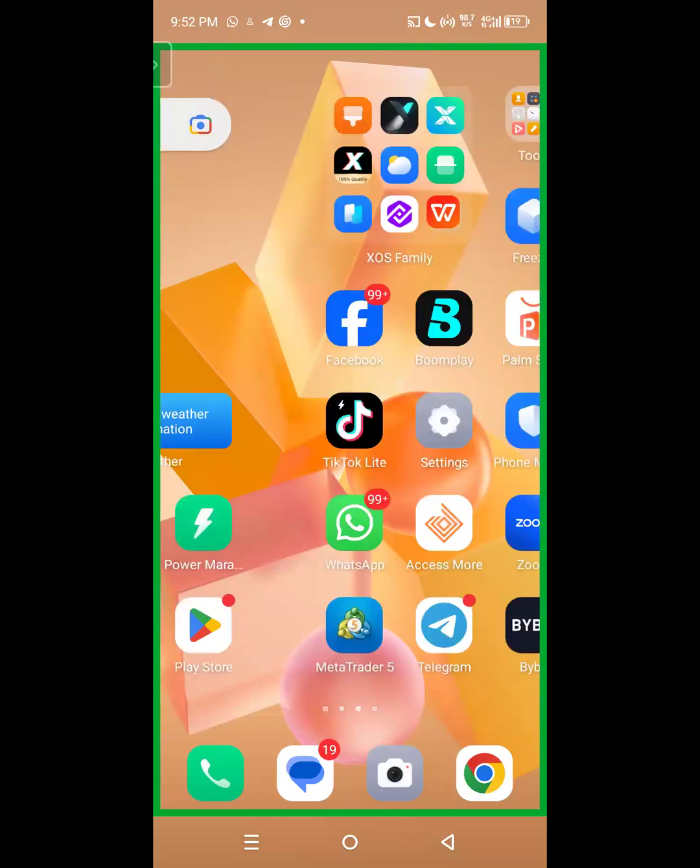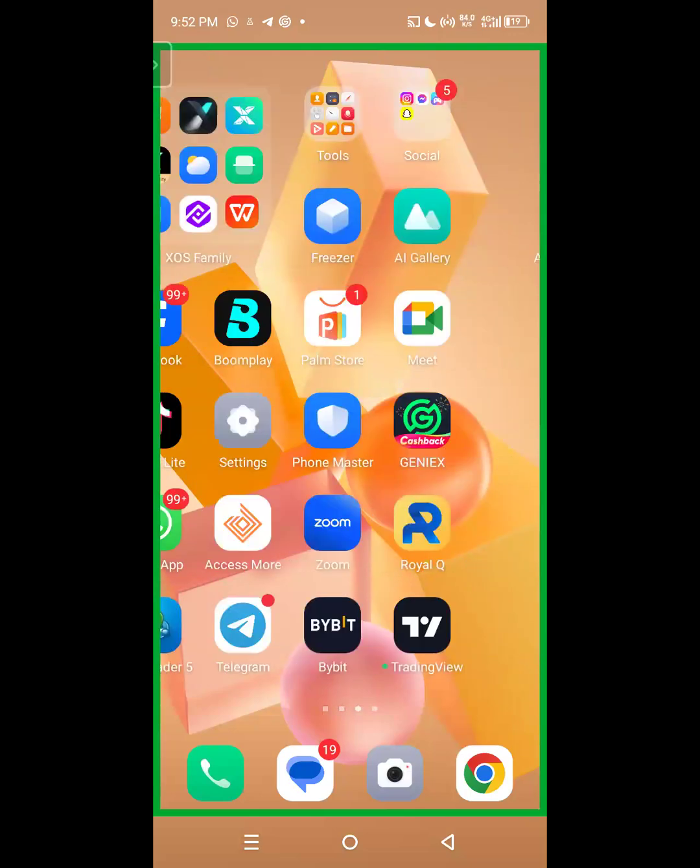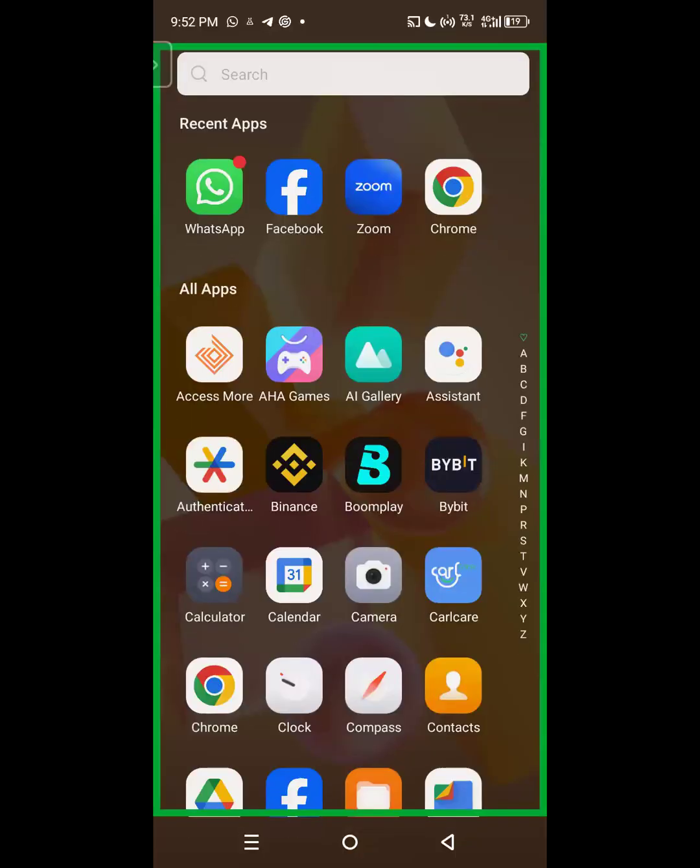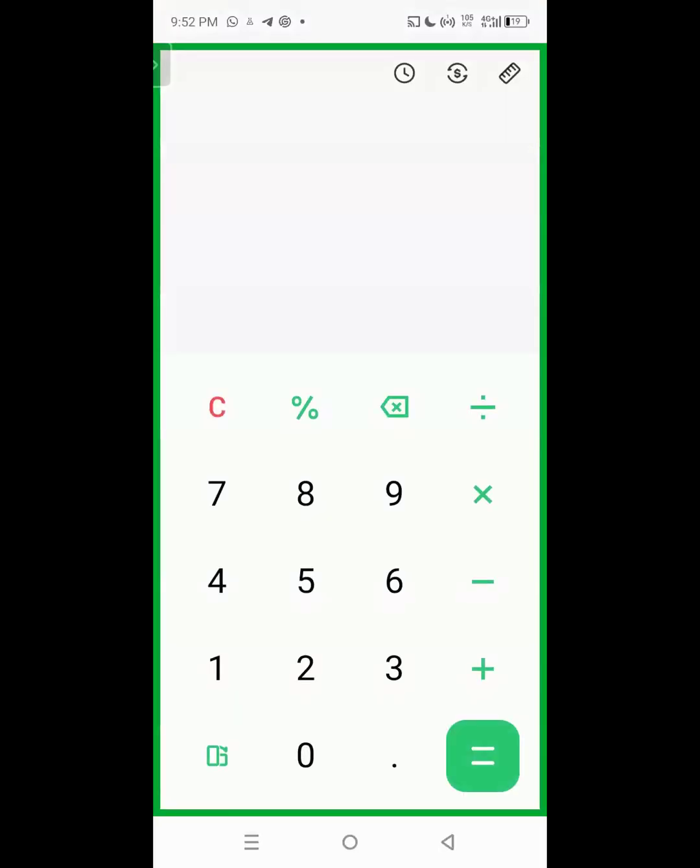So if you do 5% now, you would have 0.05 times 5,000. That's $250. If you convert it to naira, that's around 418,000.